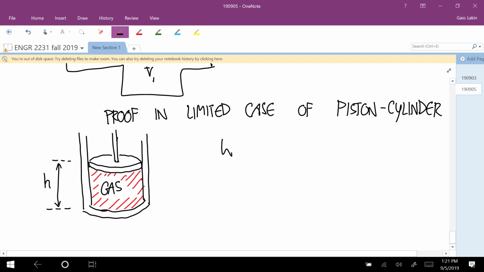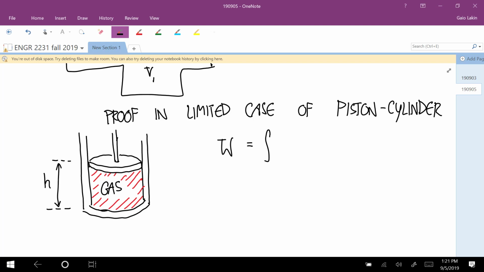And so the work done on the surroundings, we can think of as the integral as the piston. I mean, the only place that gas can do any work is on the piston, because the other walls don't move. You can't do work if there's no motion. Okay?